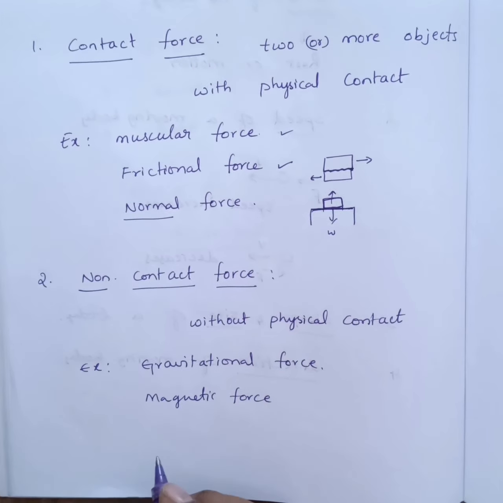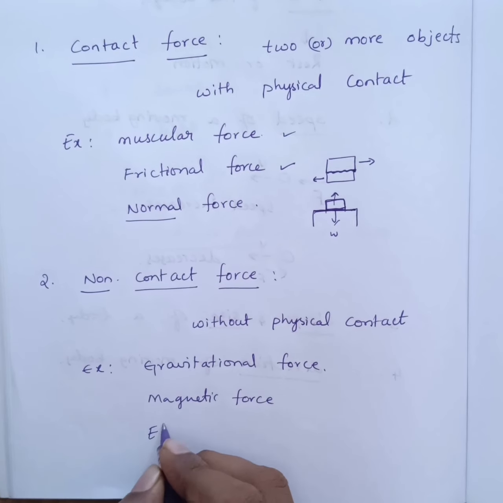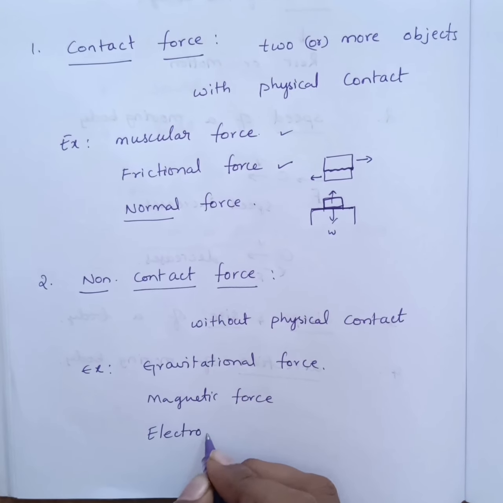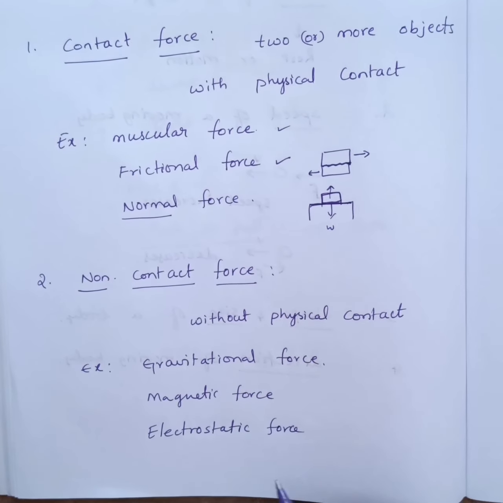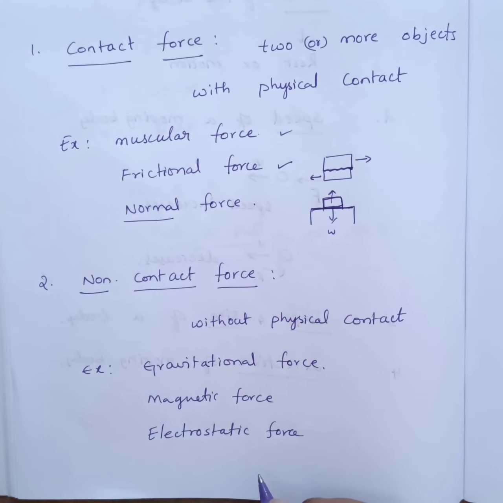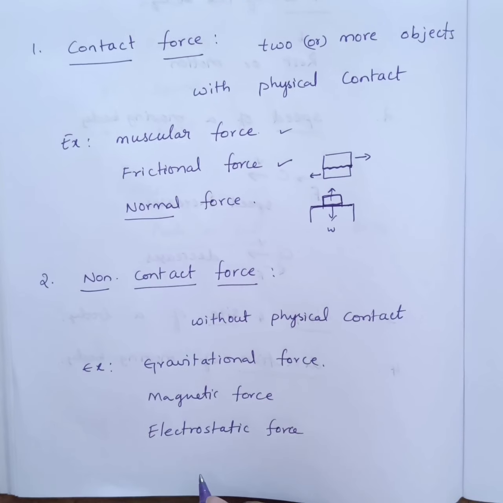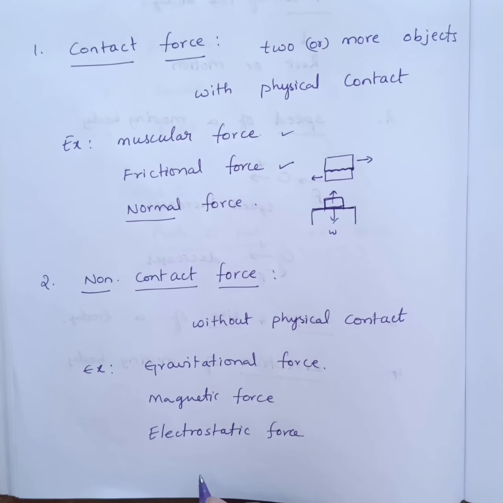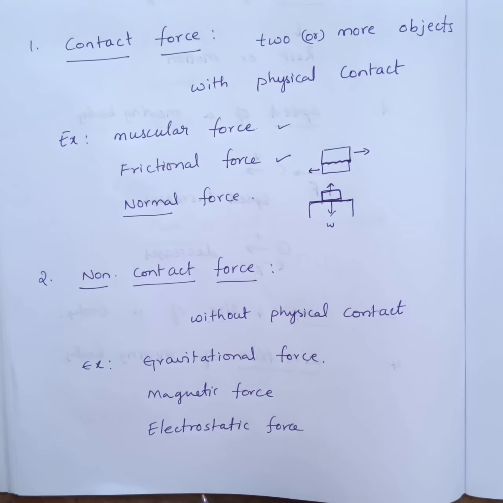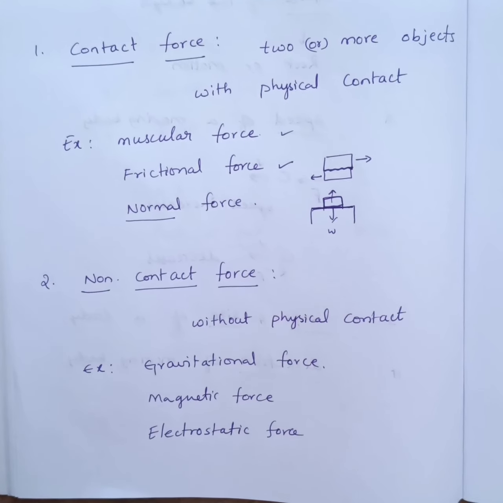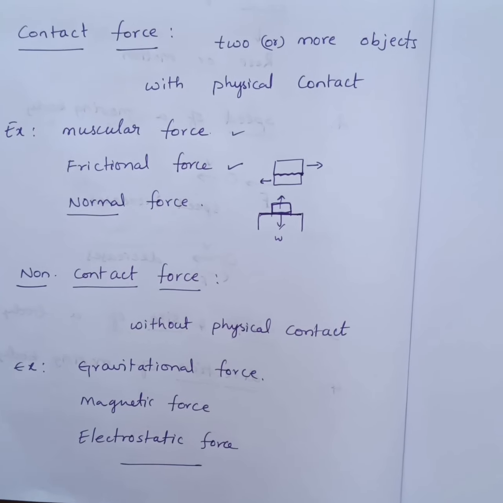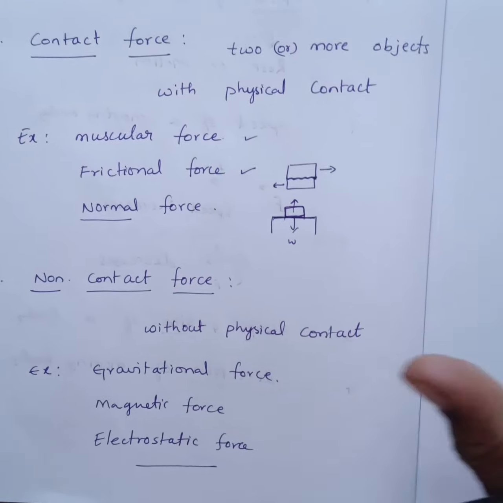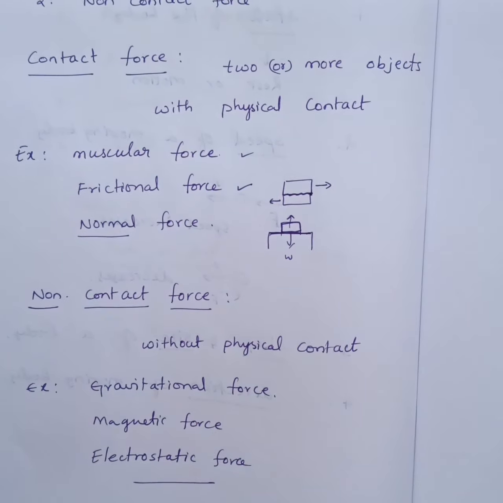That's why it is a non-contact force. Next one is electrostatic force. Force between a charged body and an uncharged body, or force between two charged bodies, is electrostatic force. This is about force. Most of the topics I covered here, not only the basics.